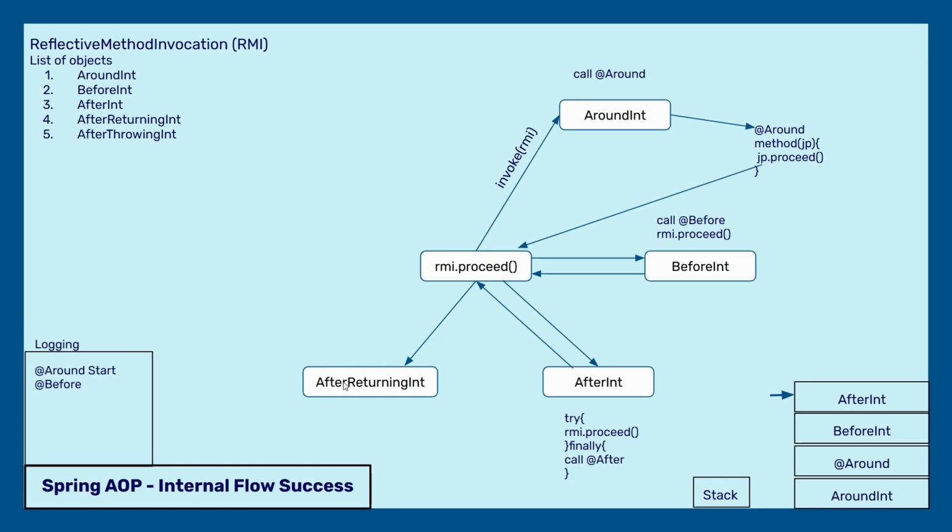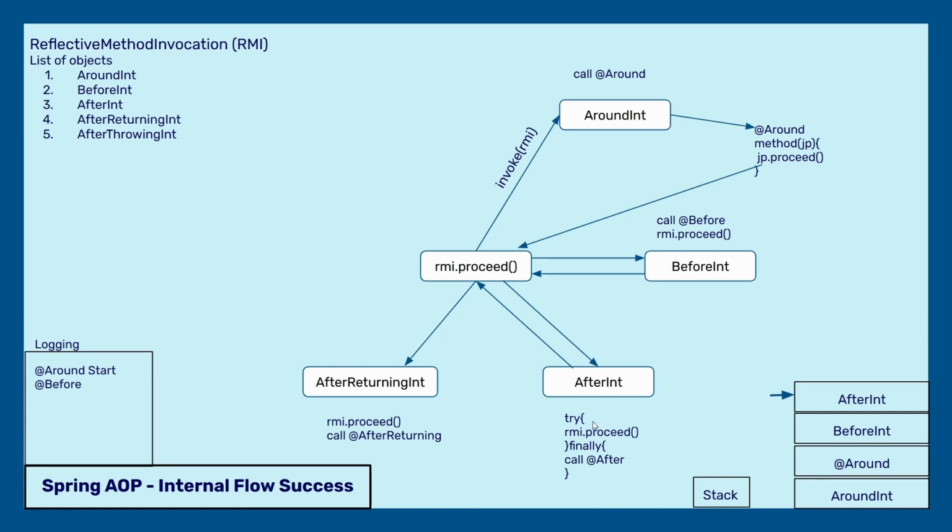Our next in the list is after returning interceptor, and the invoke method of this is called again from here. Within this invoke method of after returning interceptor, a call to rmi.proceed takes place back to this, and once this is successful, a call to after returning advice takes place. Note that this method throws the exception if there is some exception.